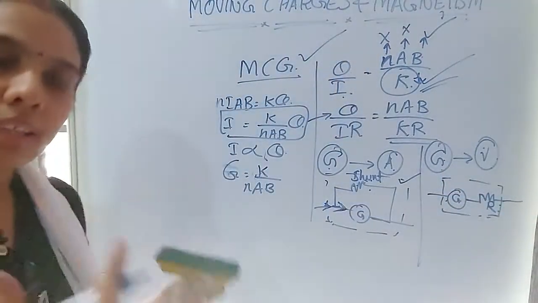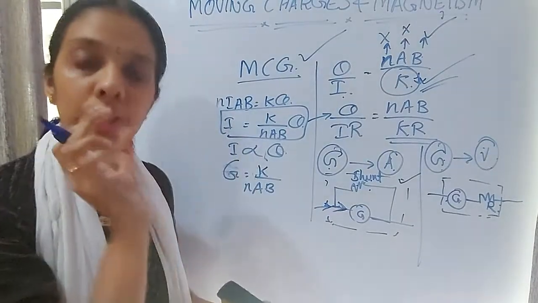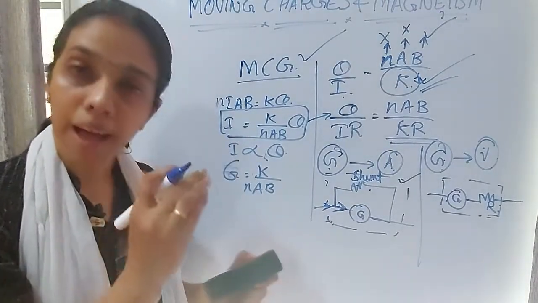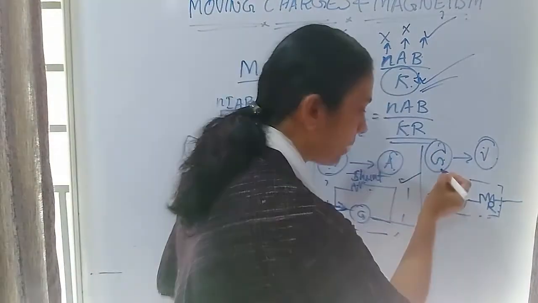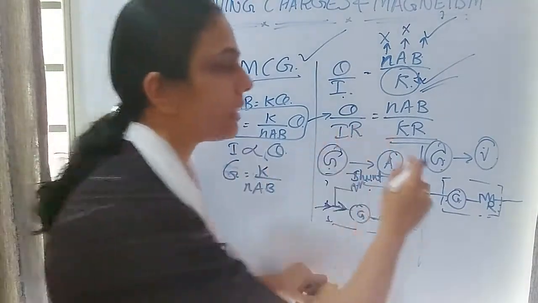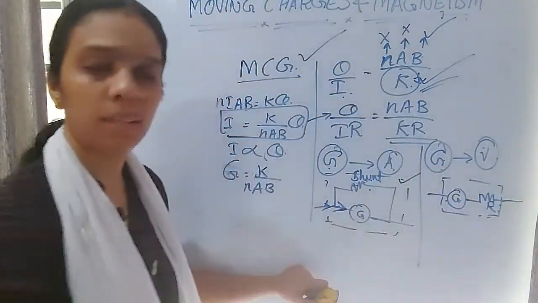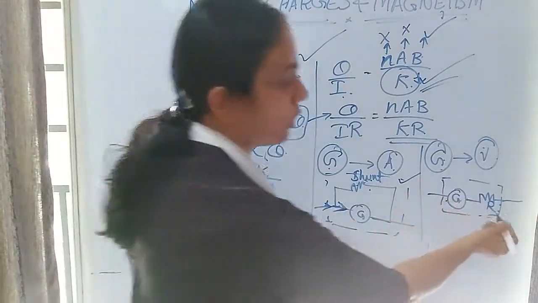So to convert a galvanometer to an ammeter, use a small shunt resistance in parallel with the galvanometer, and in the case of a voltmeter, a very large value of resistance in series with the galvanometer, then it can be converted to a voltmeter.